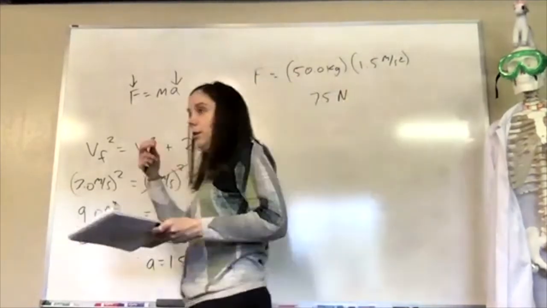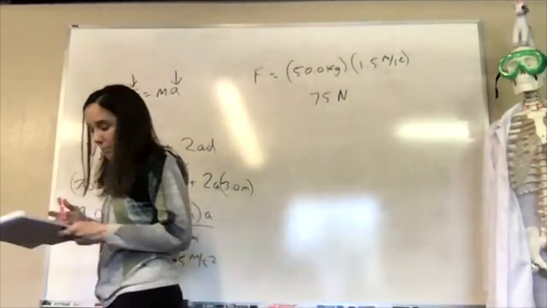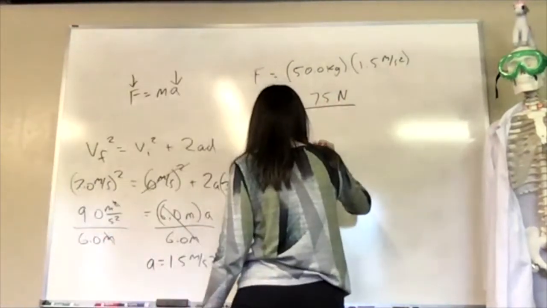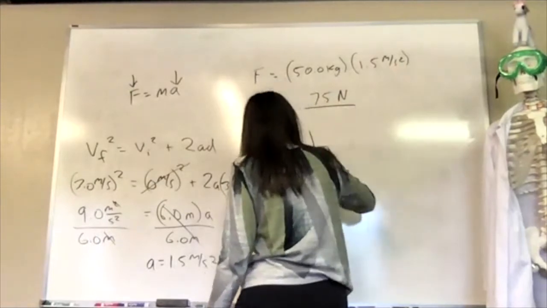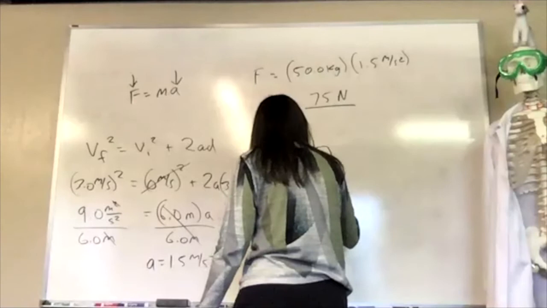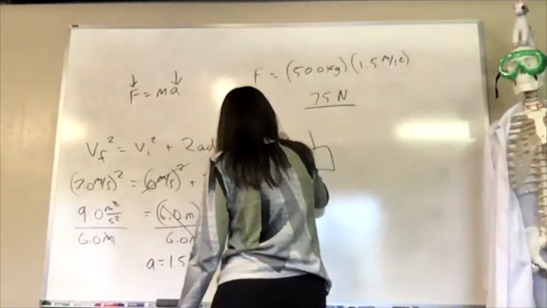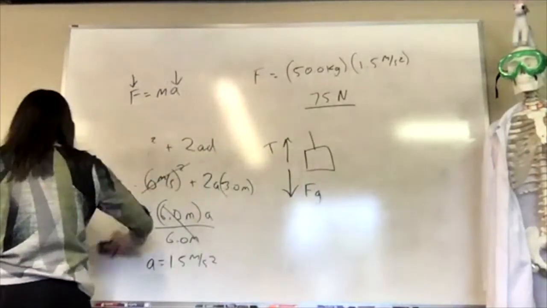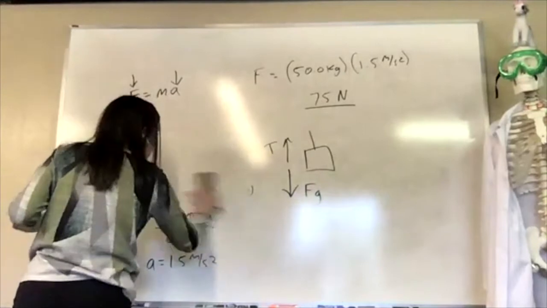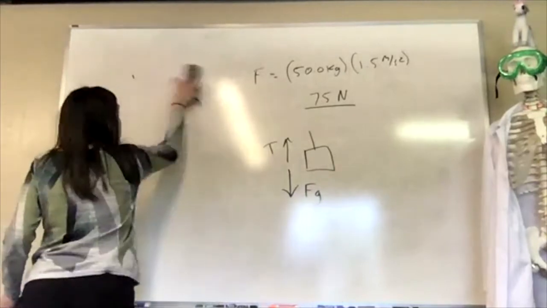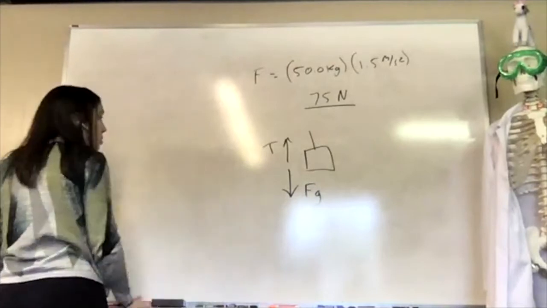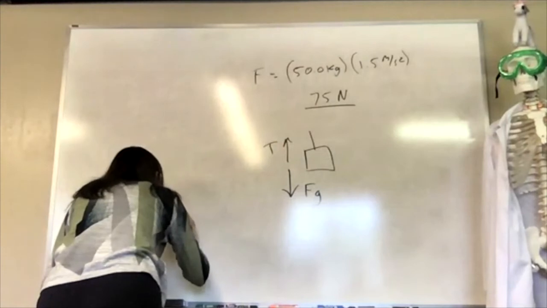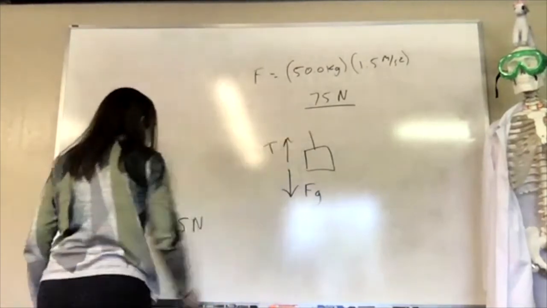So that's the force that the bucket exerts. That's one force in play. Now let's think about all the forces in play. We have a downward force that gravity exerts and an upward force, tension. Those two together equal the net force. So we have a net force of 75 newtons, which we found from the equation.